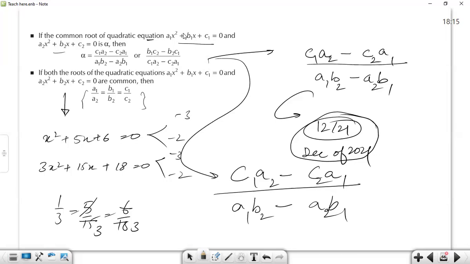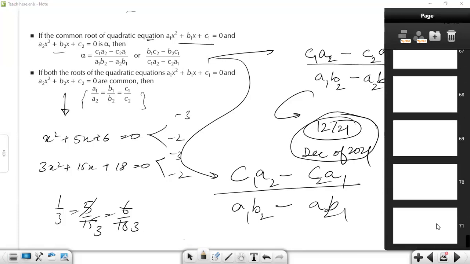Absorb this slide for a moment. Done? So that's the end of an easy chapter, quadratic equations.